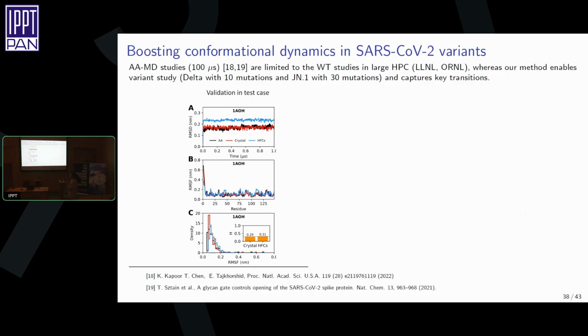And if you think about scanning the space of different variants, this will not be the solution, right? You cannot use these gigantic facilities twice a year only for changing two amino acids at the interface of the protein. So our method has been tested. This is a new enhanced model, which we call high frequency contact.